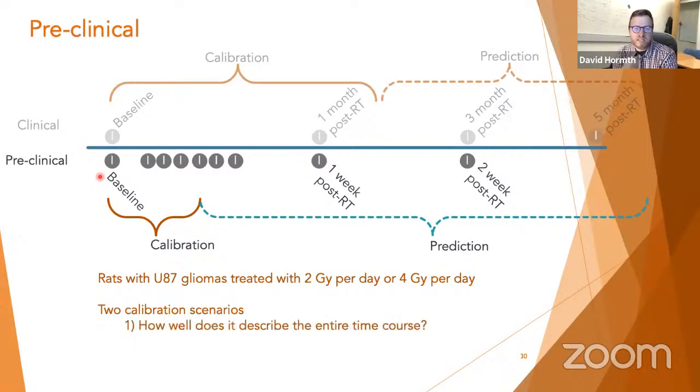The first one is calibrating this model to the entire time course to look at how well the data actually describes the entire time course. And then the second scenario is going to calibrate to half of the imaging data. So maybe using these first 4 imaging time points to calibrate the data and then predict what is happening at these final 4 imaging time points.